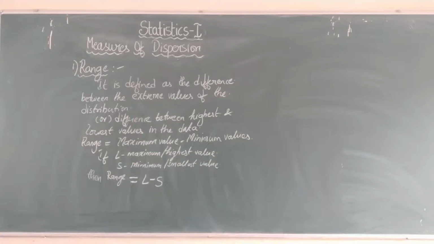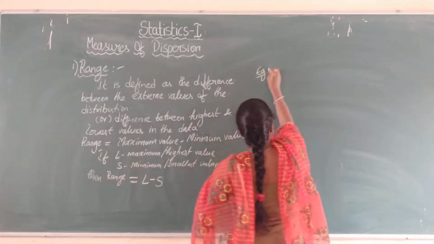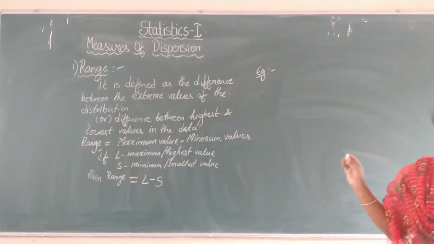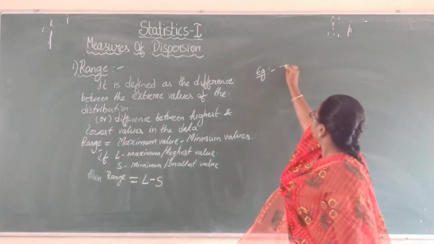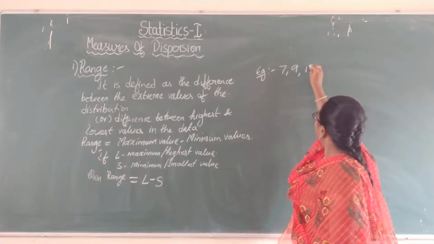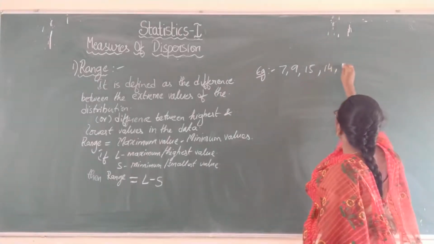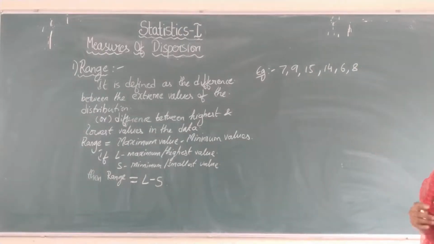Now we'll consider a small example. Suppose the given values are 7, 9, 15, 14, 6, 8. For these values, find the range.